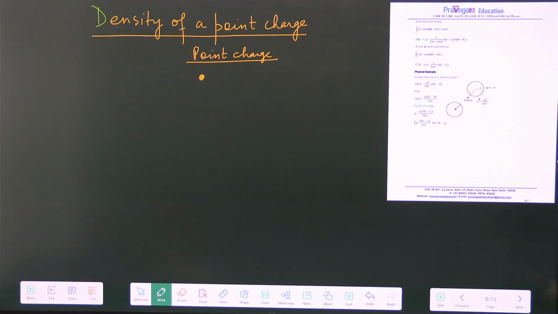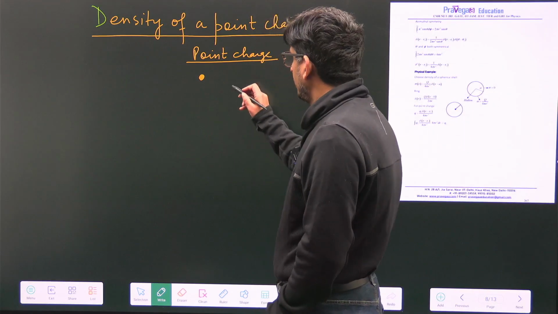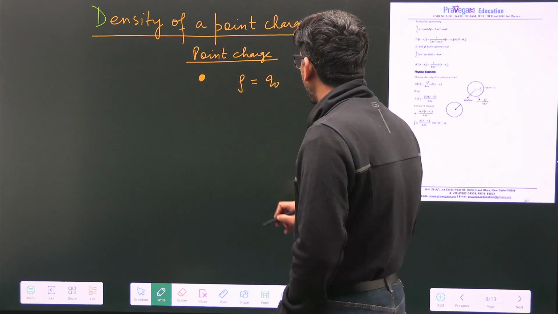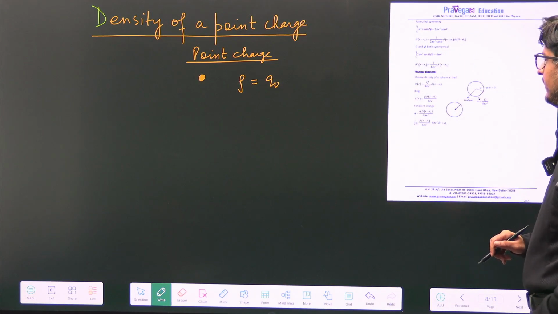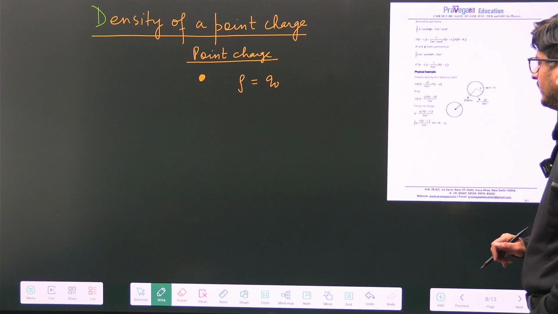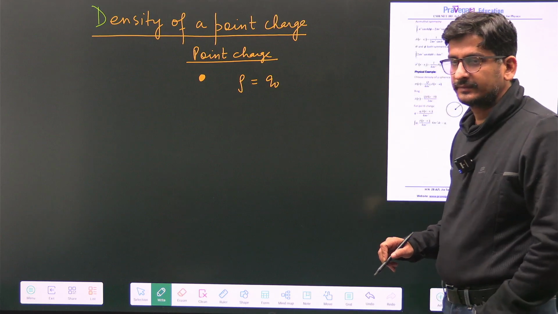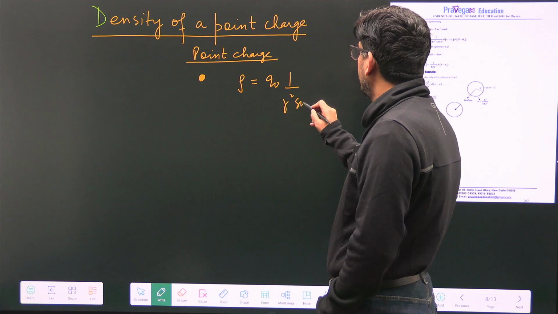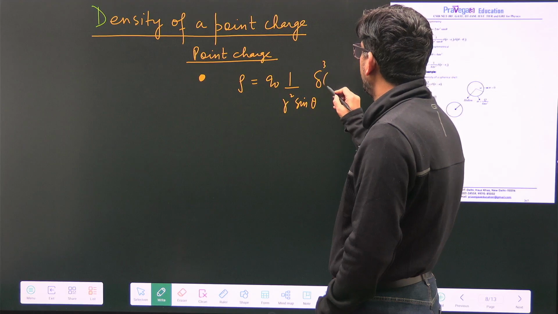So it can be represented by rho is equal to Q naught, where Q naught is the charge, and then you will write delta, as I told you in 3 dimensions, 1 upon r square sin theta into delta 3 r.